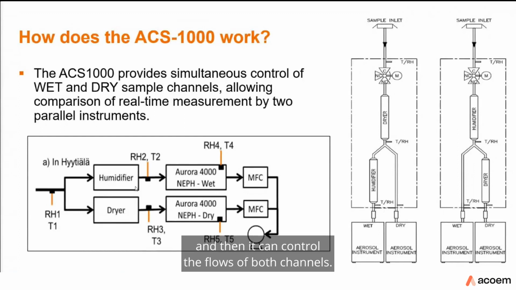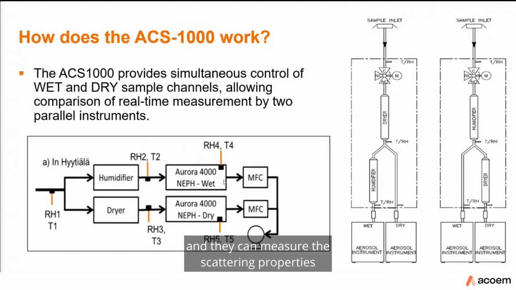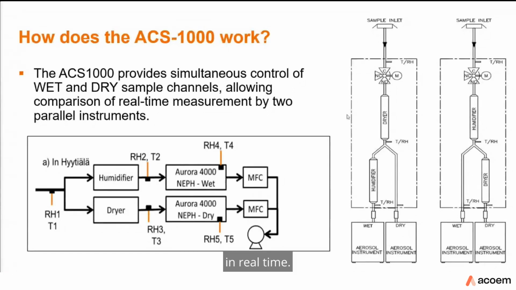It can also control the flows of both channels. At the bottom of the ACS, you can connect two aerosol monitoring instruments such as the Aurora Nephelometers, and there you can measure the scattering properties and calculate the hygroscopic growth of the aerosols in real time.